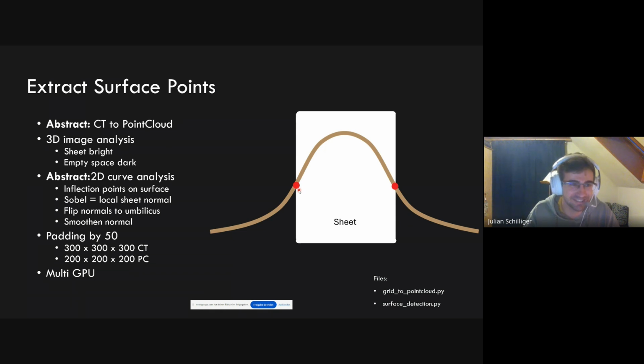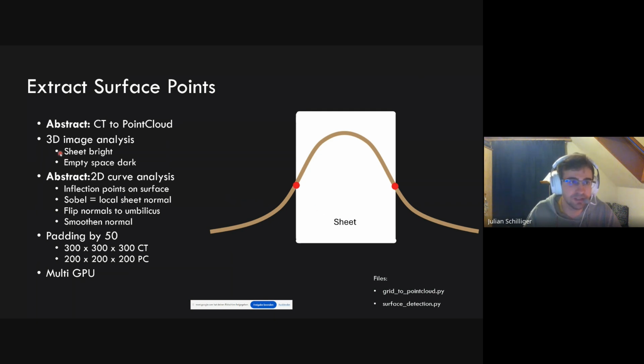for those that are interested, there are a few things that we do here. So the abstraction, generalization, I already mentioned. Then 3D image analysis. Well, there is a Sobel filter that actually kind of does this derivative analysis in 3D that I showed you here in 2D. And we also have the scrolls.